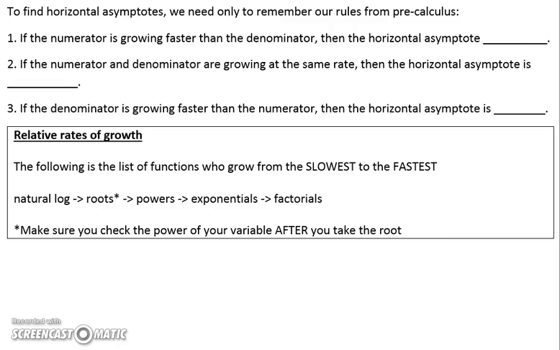Now, to find these horizontal asymptotes, all we really need to do is remember our rules from pre-cal. So in pre-cal we said if the numerator grows faster than the denominator, then the horizontal asymptote does not exist.